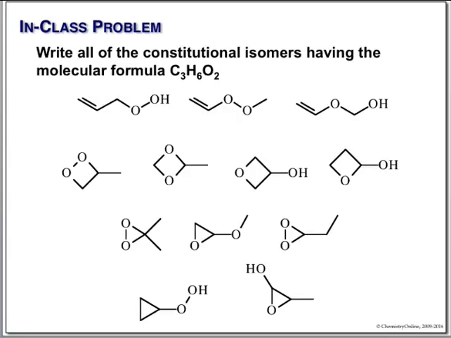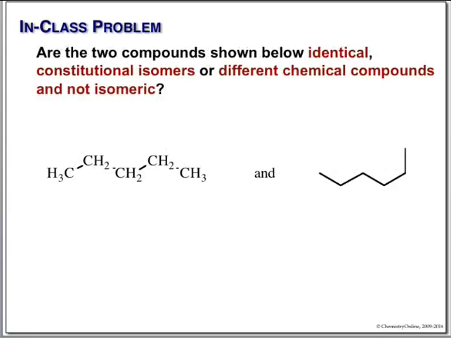All right, what is on the exam? Something like this. Here I give you 2 structures. Are these identical, constitutional isomers, or totally different compounds? Come on, you can do this one. That's exactly what you do.